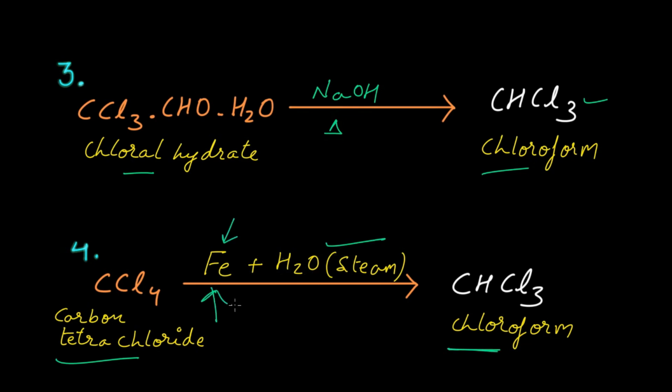Here iron is acting as a catalyst. It is providing the surface at which carbon tetrachloride and steam come together to give chloroform, right? So iron is not taking part in the reaction. Again, carbon tetrachloride in presence of moist iron, you get chloroform.